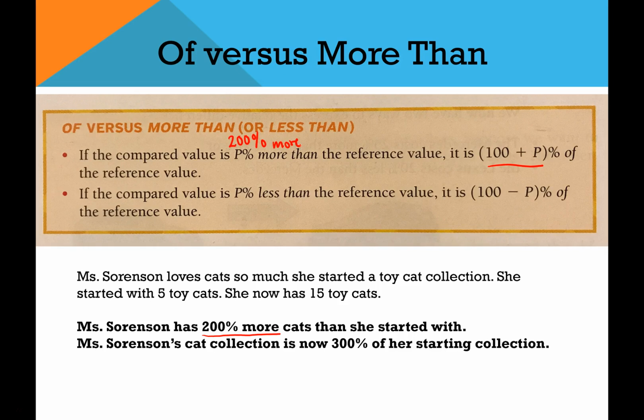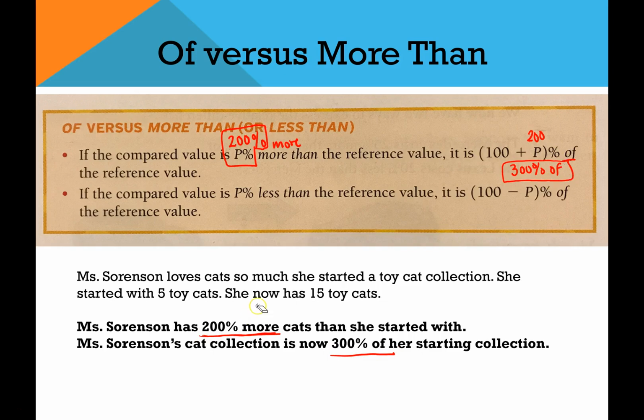So what's my p in this problem? Well, it's pretty obvious, it's 200. So I go into my formula, and instead of writing a p here, I write 200. And now I have 100 plus 200. Well, that's obviously equal to 300%. And then I drop down the "of." And that's how I convert from more than to percent of. So I just found out that it would be 300% of.